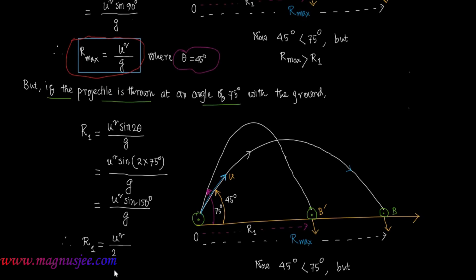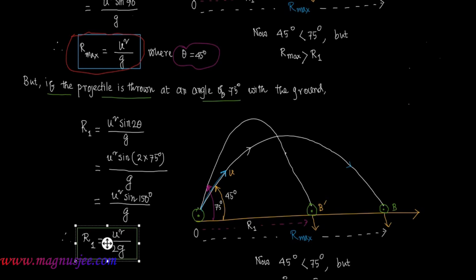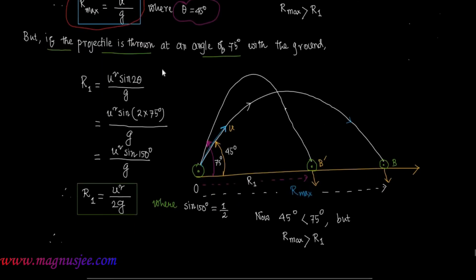Therefore R1 will be equal to u square divided by 2g, which is the horizontal range of the projectile when the projectile is thrown at an angle of 75-degree with the ground. Here sine 150-degree is half.